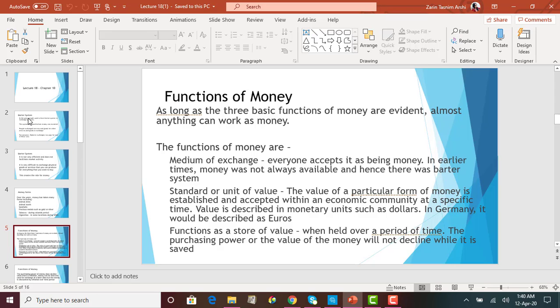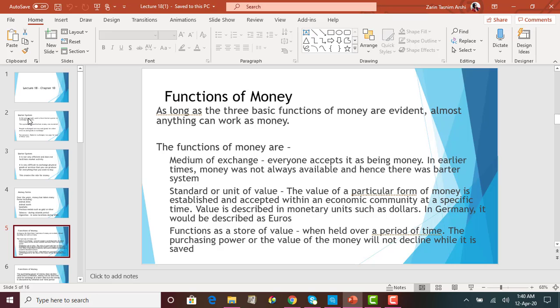What it means is that everyone has to accept it as being money. If I am giving animal teeth to someone to buy something, that person has to accept that. In earlier times money was not available, and that's why they were using the barter system. So acceptability under the medium of exchange is the first function.